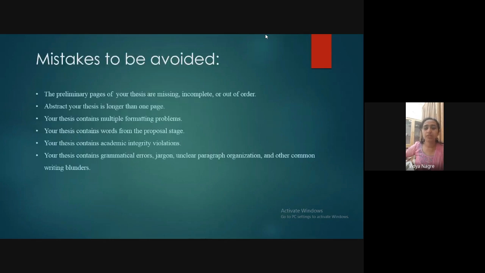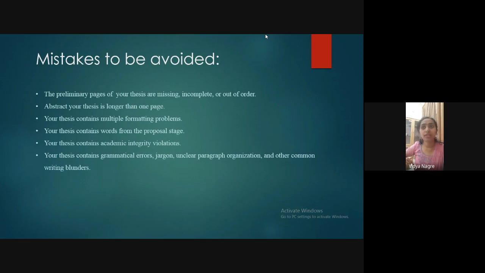Next point, please. These are certain mistakes that you have to avoid. Don't skip the preliminary pages like acknowledgement, declaration of your thesis and so on. Abstract of your thesis should not be longer than 1 page. Your thesis should not have multiple formatting problems.